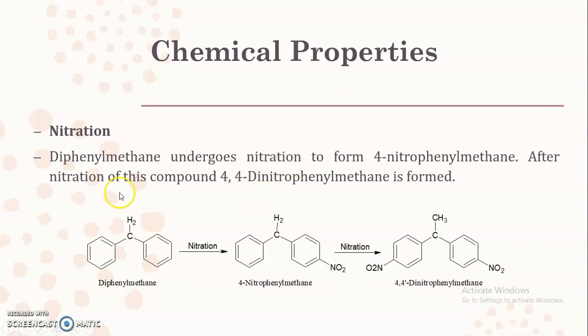Here you can see diphenyl methane undergoing nitration. We know that for the purpose of nitration we use concentrated nitric acid in presence of concentrated sulfuric acid. Sulfuric acid is used as a catalyst which will increase the concentration of the nitronium ion. In this case also, the mechanism involved is the same as our usual electrophilic substitution reaction.